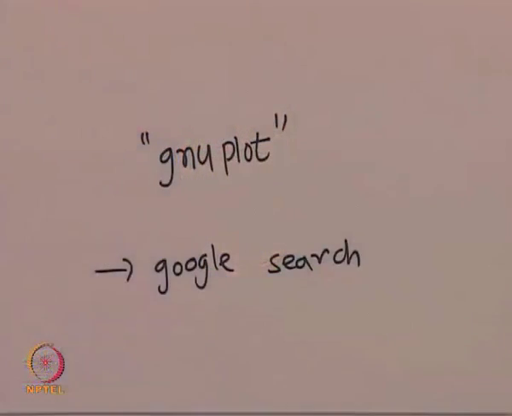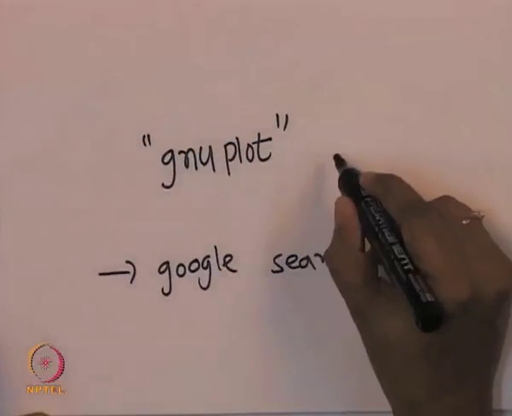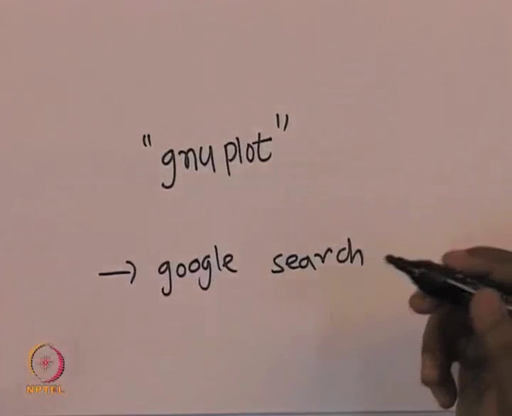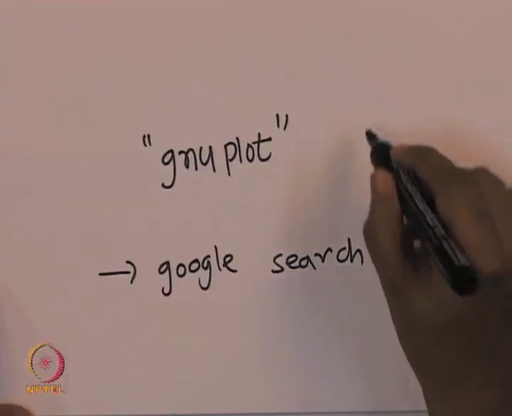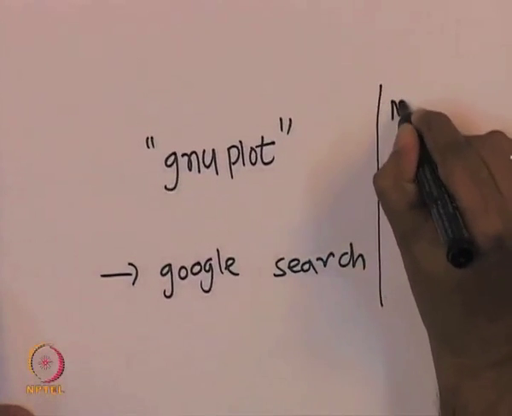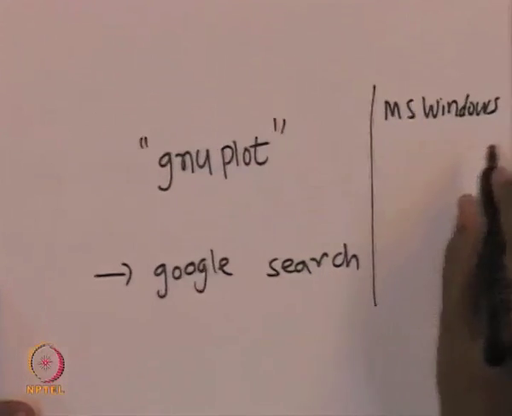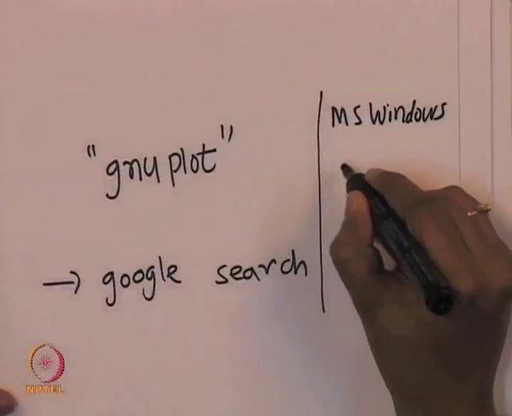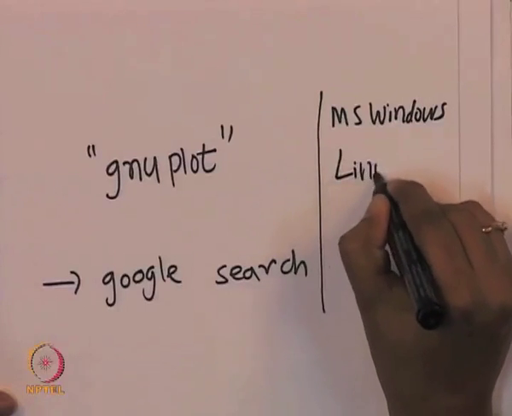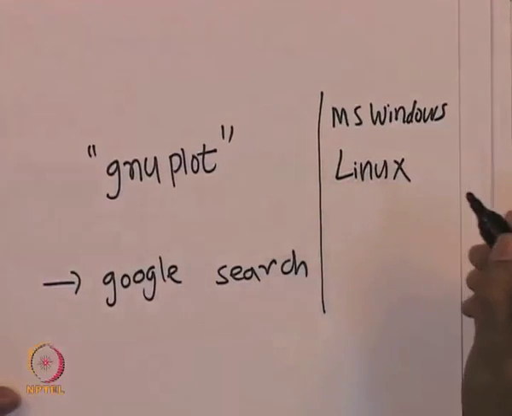The first part of this lecture will be a demo of how to use this software called GNU Plot. GNU Plot is available for Microsoft Windows. If you are going to use Unix or Linux, it is available for GNU Linux.